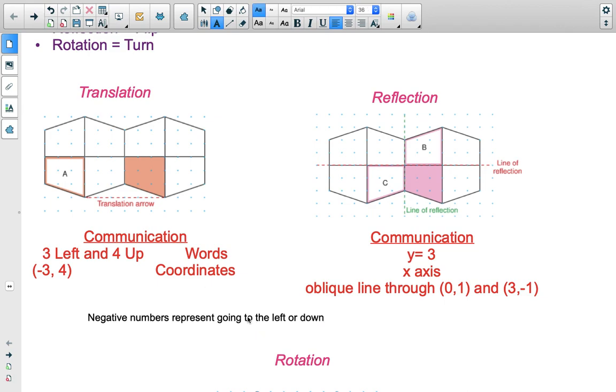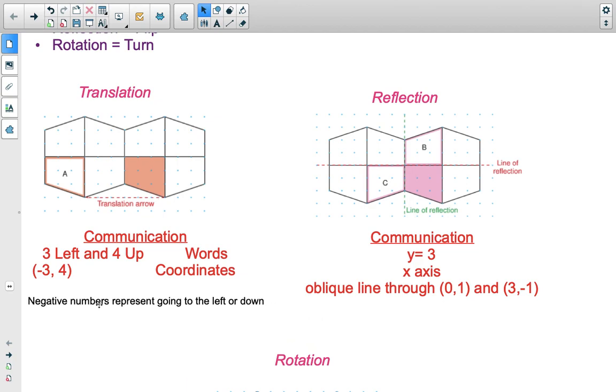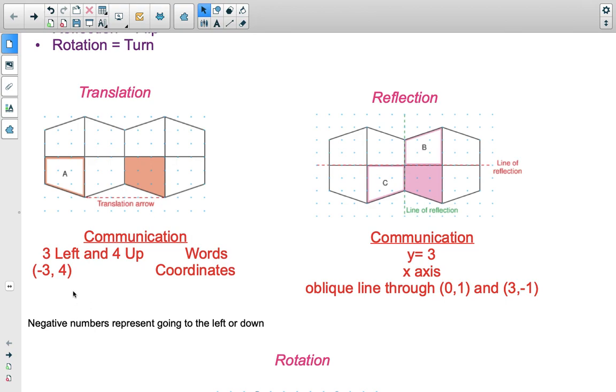Depending on where you put it, always remember the first number represents your x-axis, whereas your second number represents your y-axis. So x comma y, always make sure that you remember that's how we represent coordinates.